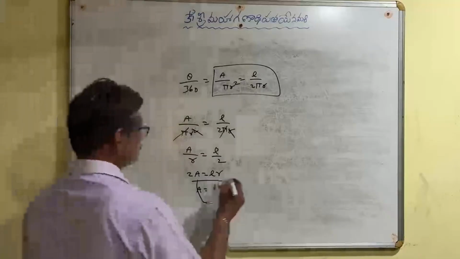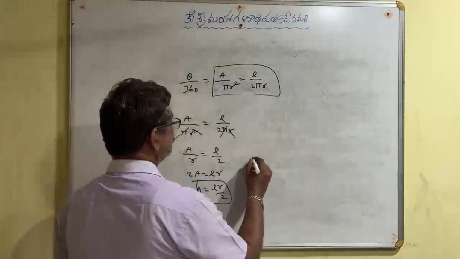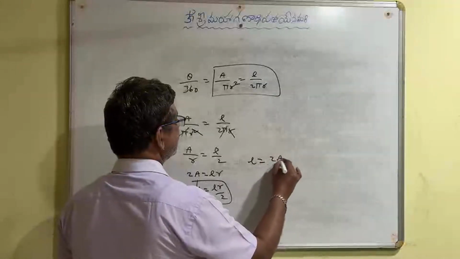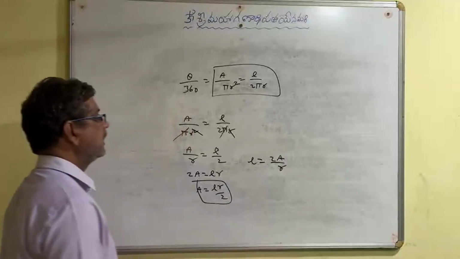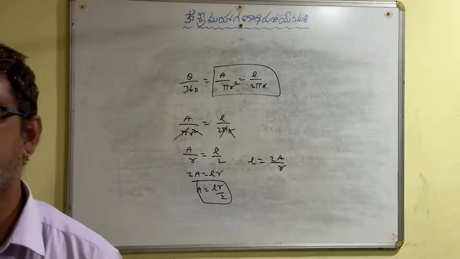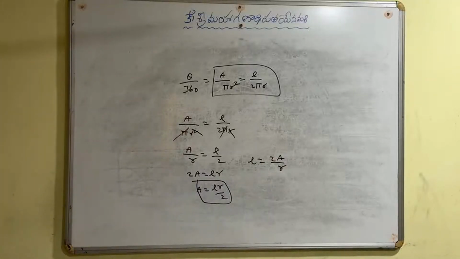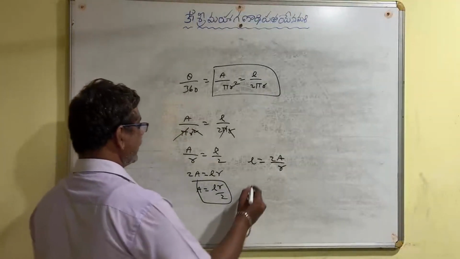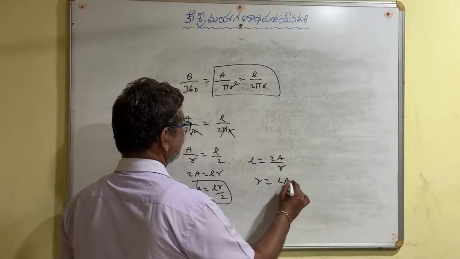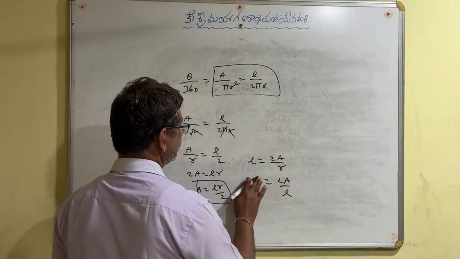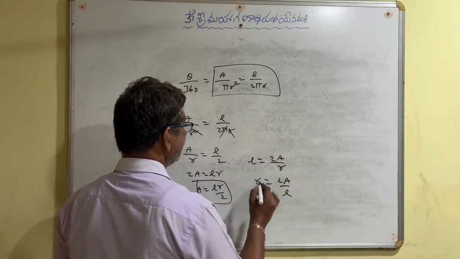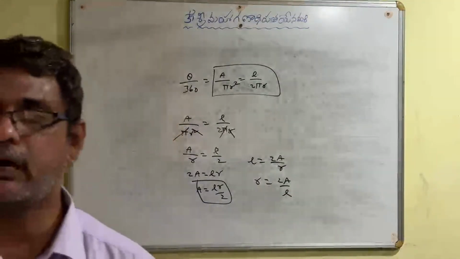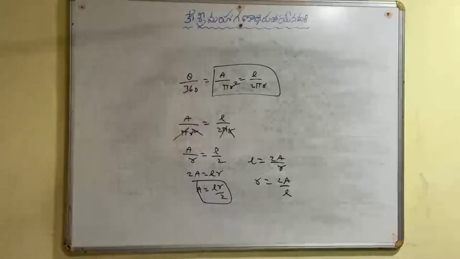From this, you can also easily find the length of the arc, which is 2A by r. And you can find the radius by the formula 2A by L. These are the three formulas you have to keep in mind.